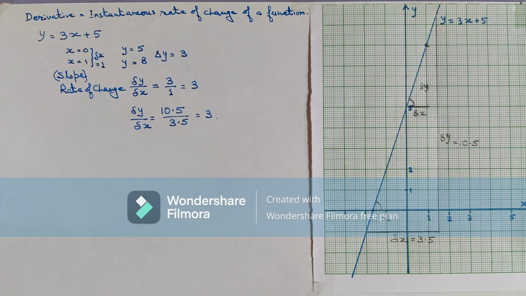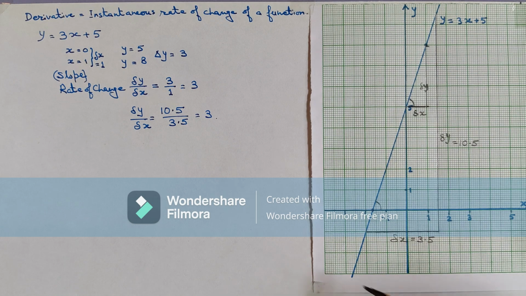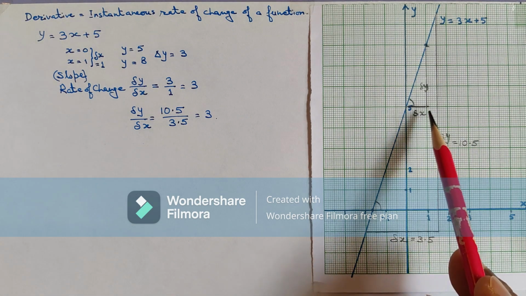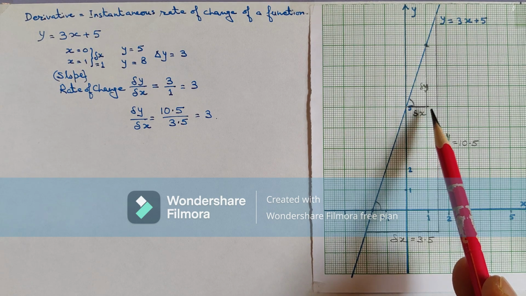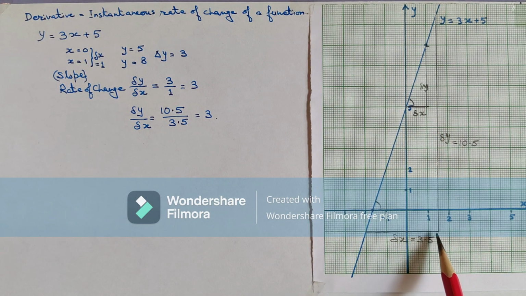A straight line has a property. Rate of change is the same everywhere, and rate of change actually does not depend on how big a delta x I select. In this case I selected delta x is equal to 1. In this case I selected delta x is equal to 3.5. In both these cases the slope delta y upon delta x worked out to 3.